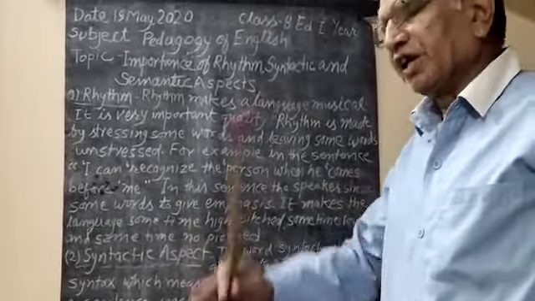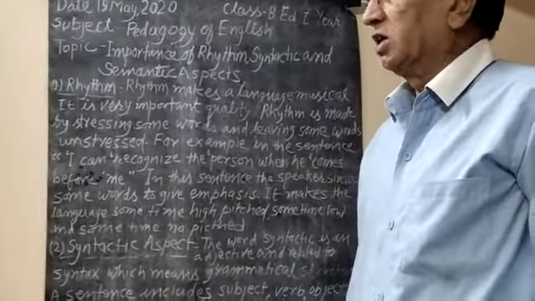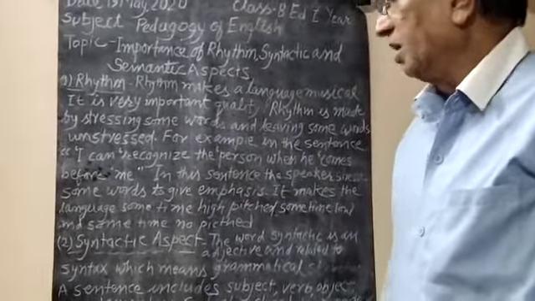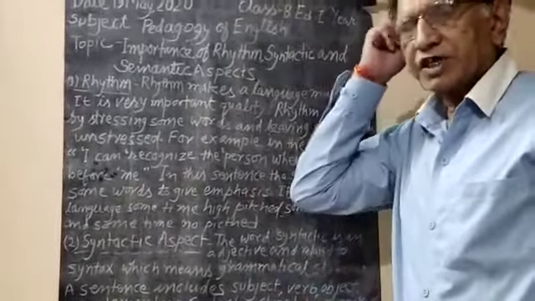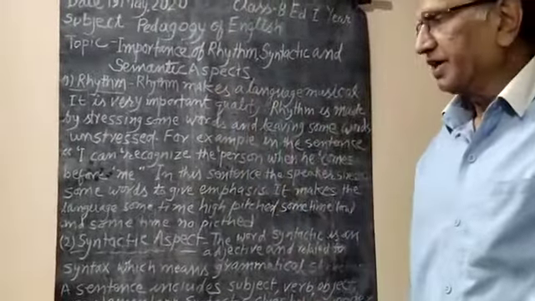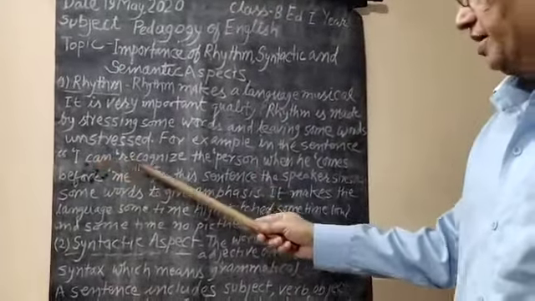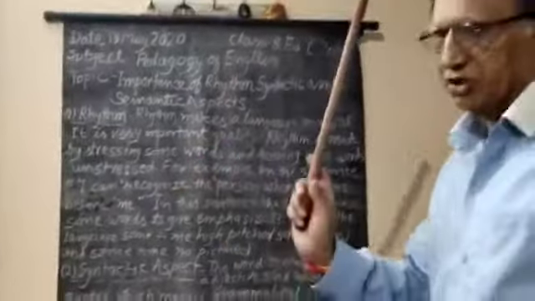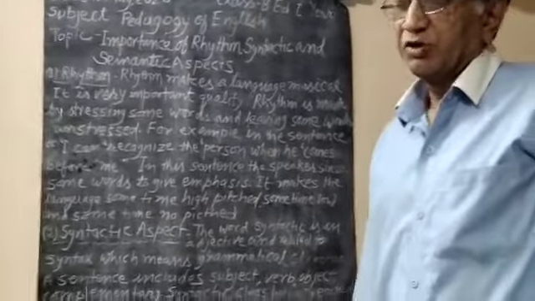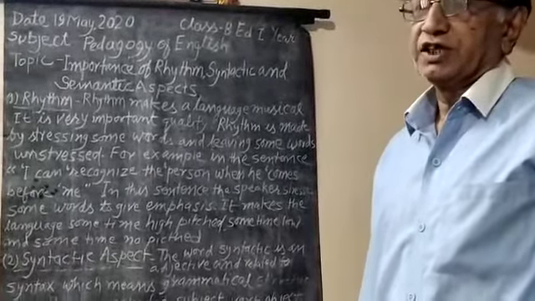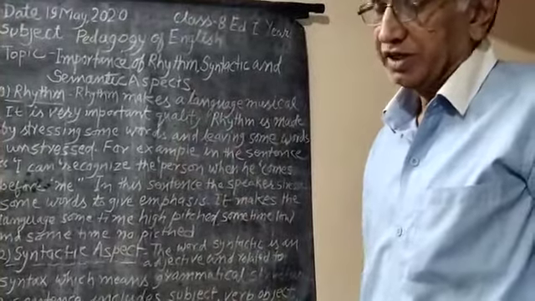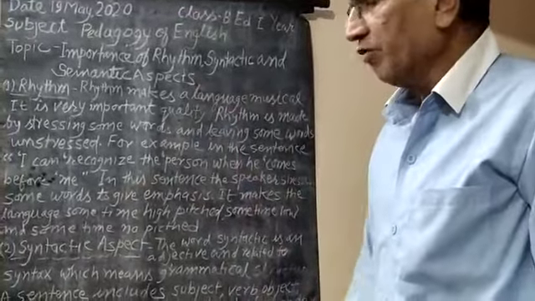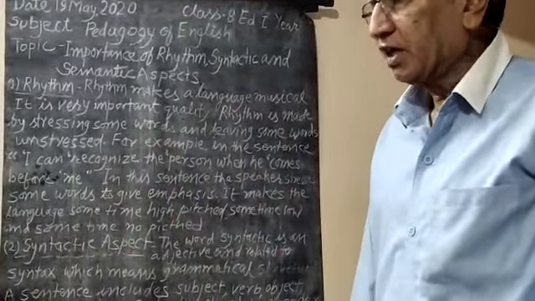a musical form. For example, I have given a sentence: I can recognize the person when he comes before me. Suppose someone has stolen the thing and a person has seen him and he is saying, how will he pronounce this sentence?